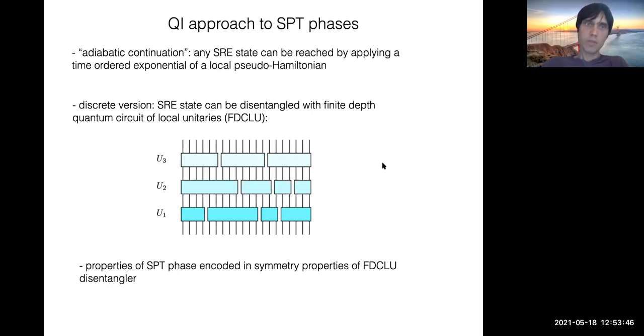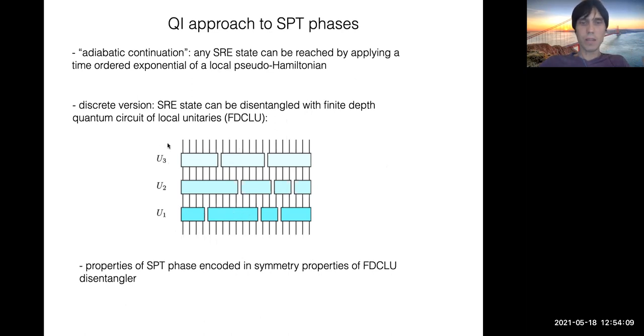There's a discrete version of this, which is the idea of a finite depth circuit of local unitaries. Your Hilbert space is a Hilbert space of qubits here. I've only drawn it in one dimension. You can imagine feeding in a simple tensor product state initially, and then applying some finite depth circuit.